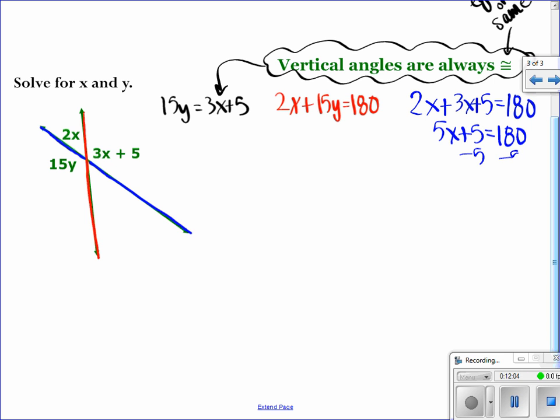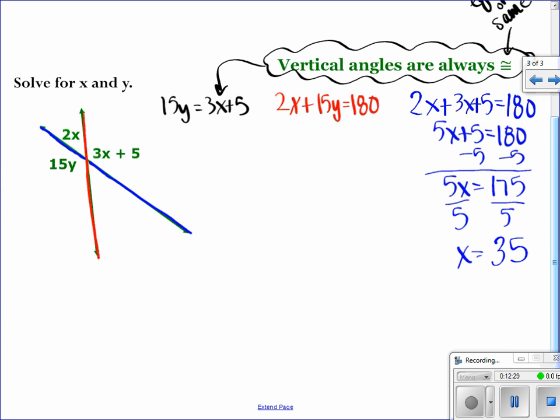What do we get? 35. Now, what did the directions tell us to do? Solve for x and y.